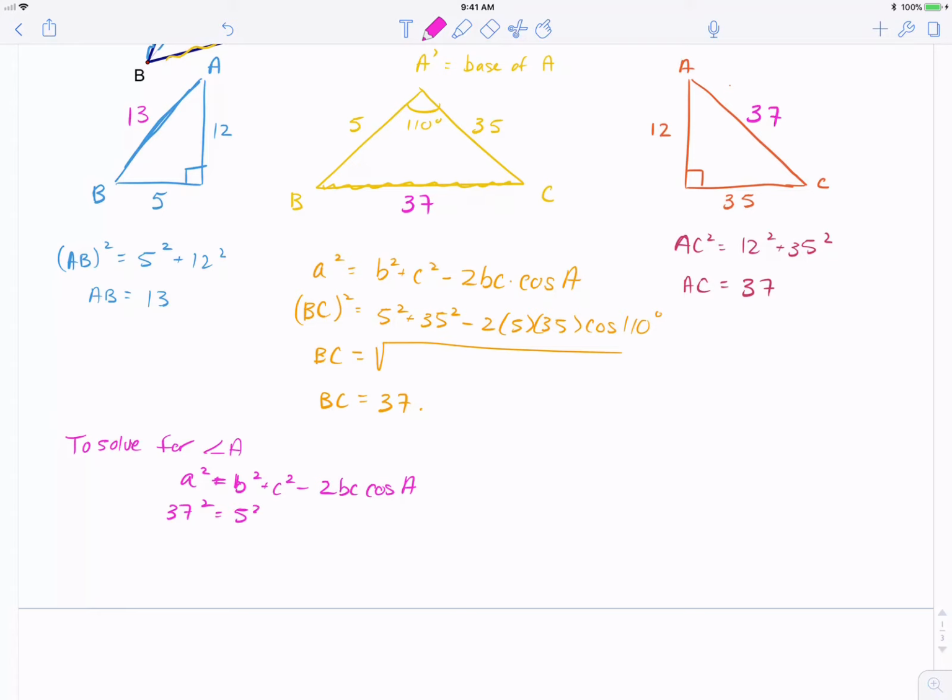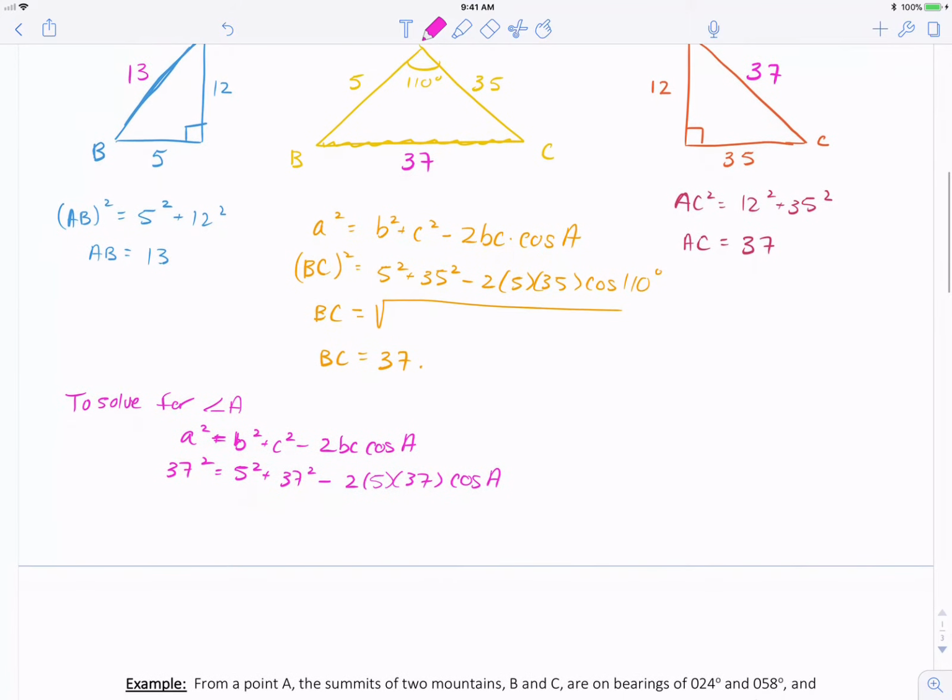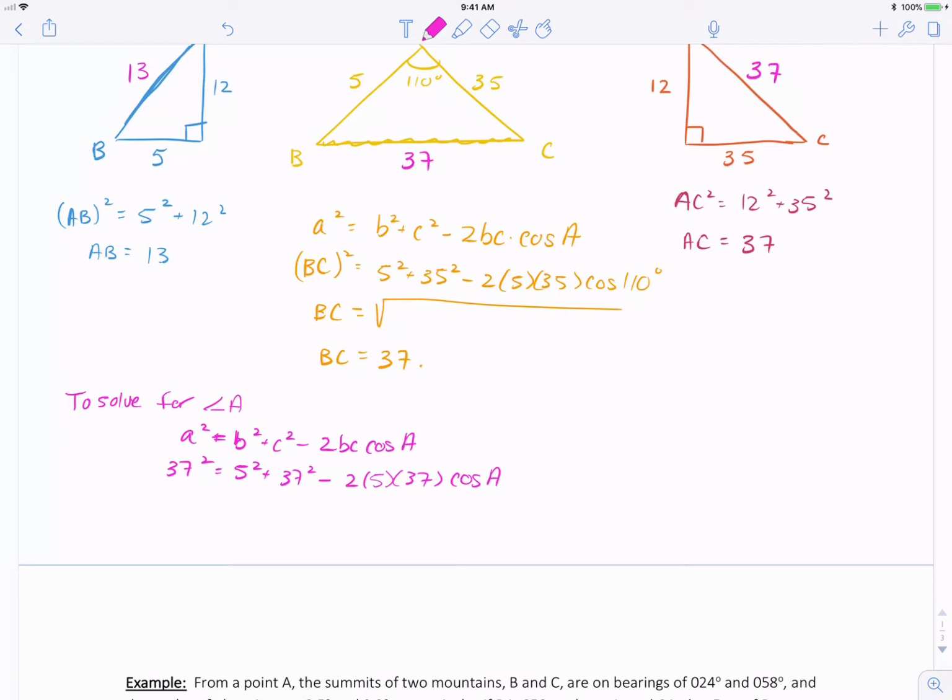B has a side length of 5. It's 2 times 5 times 37 times the cos of angle A. Remember, to go through and solve, I really want to make sure that I am subtracting my two values. This becomes 37 squared minus 37 squared, so that's fine.